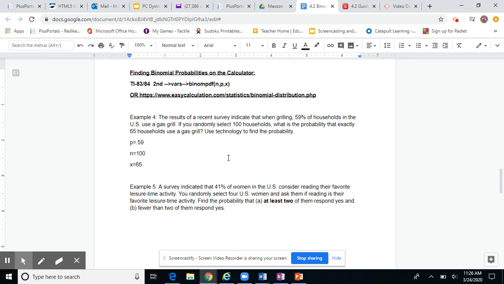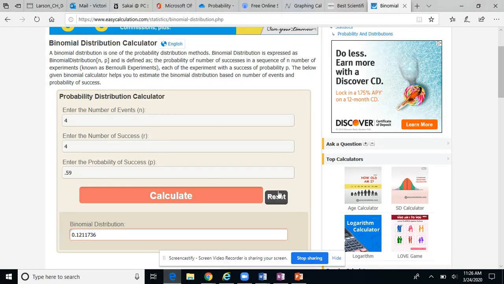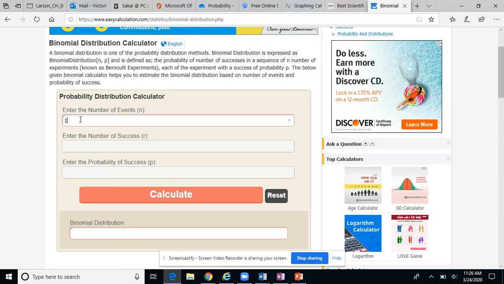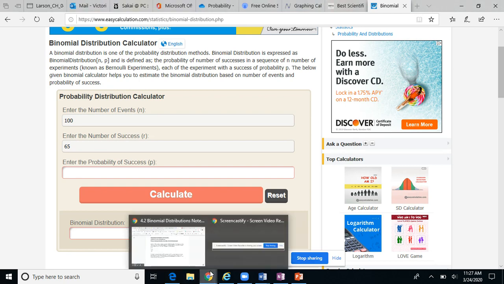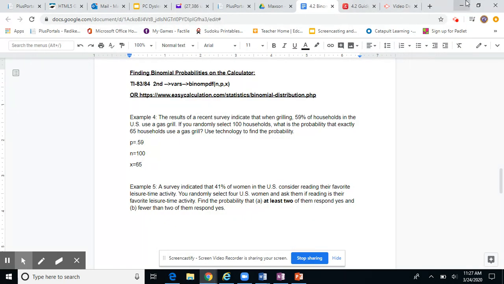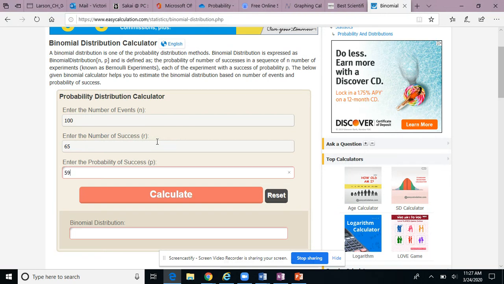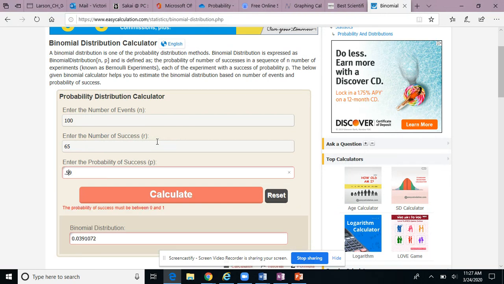So when I plug in this information, 0.59, 100, and 65, 100 is my number of trials. I want 65 of those trials to be a success. And our probability was 0.59. Sometimes you have to put in the zero before the decimal point. There we go. And when you calculate, you get 0.039.